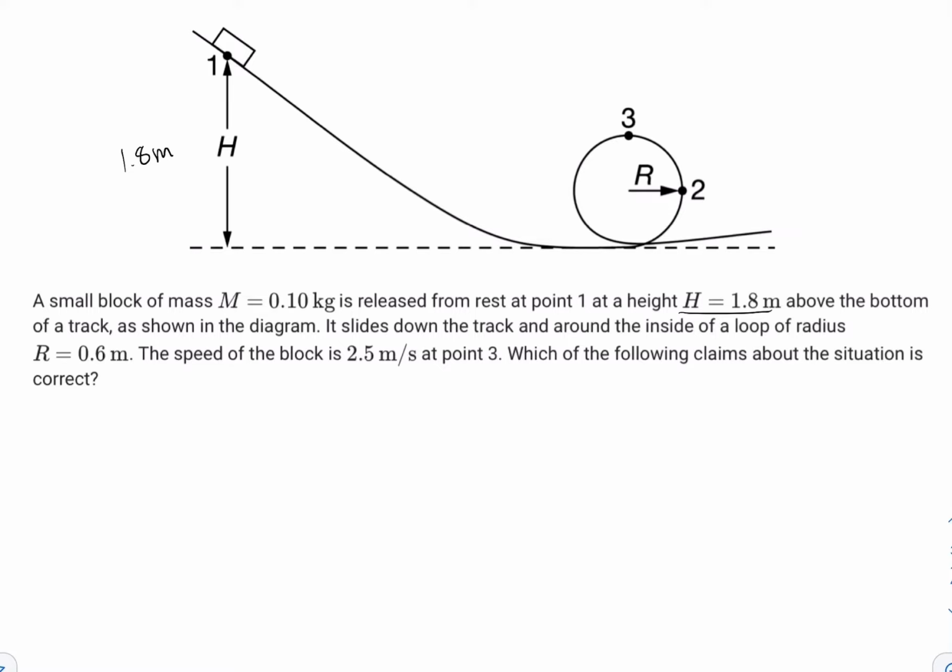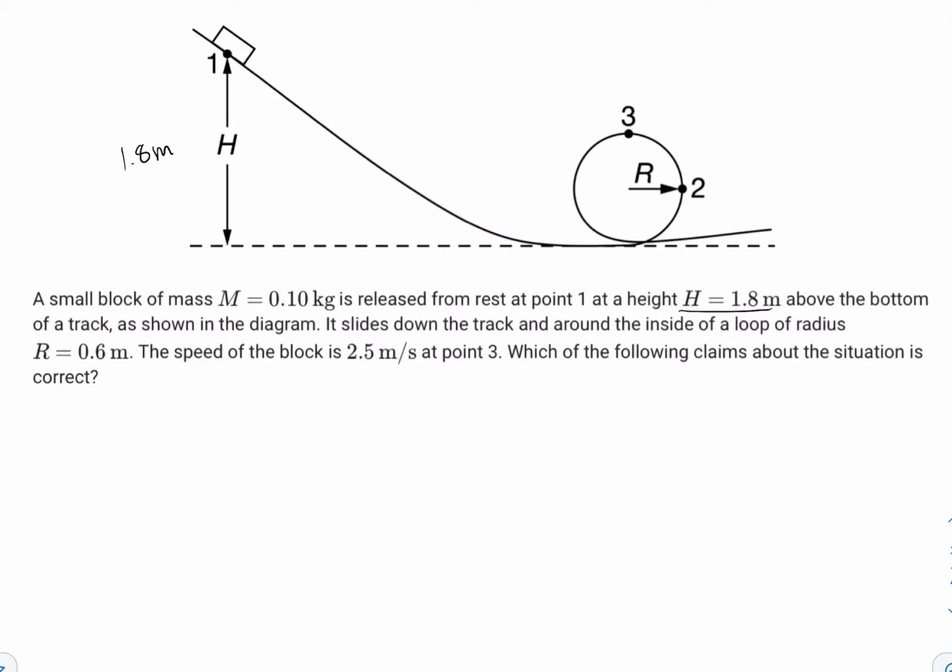And the energy at point 1 is only gravitational potential energy because it was released from rest at point 1.